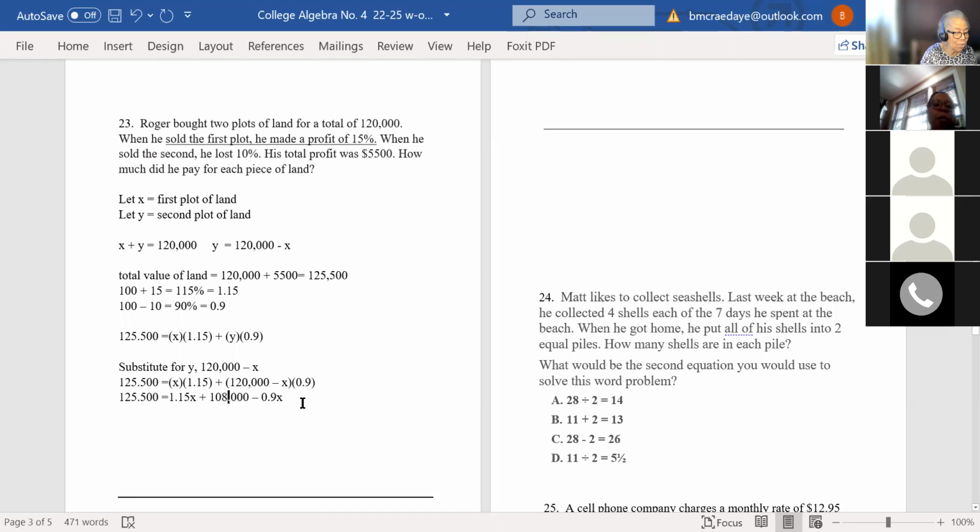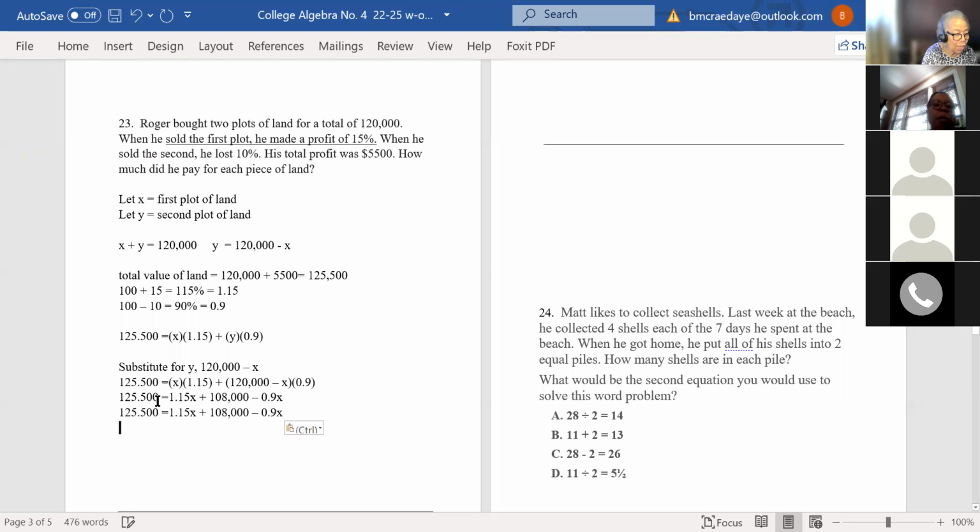Now, Latoya, what do I do next? You combine like terms? That's right. So what would I get for x? 1.15x minus 0.9x. What would that give me? 0.25, that's right, 0.25x. So that gives me 0.25x plus 108,000.